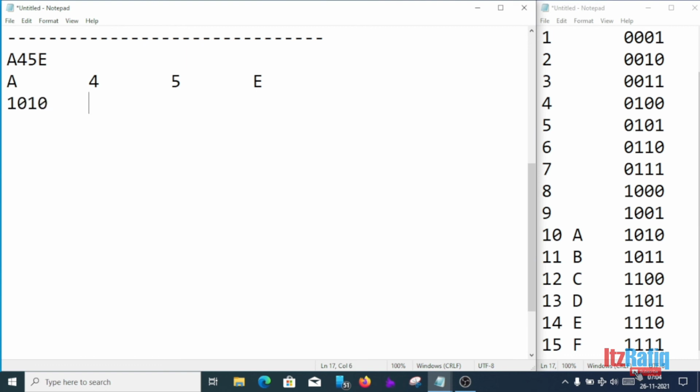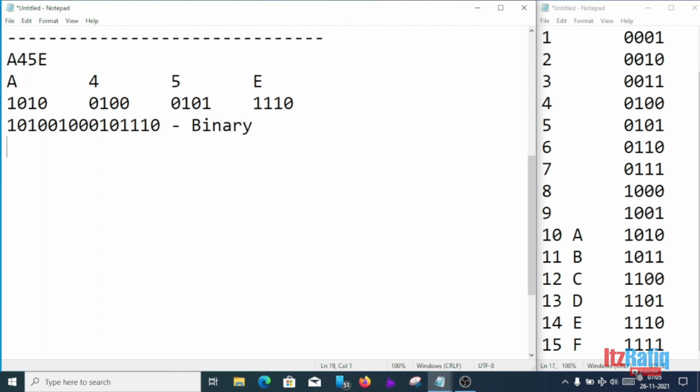Now the value of 4, which is 0100. Value of 5, which is 0101, and the value of E, which is 1110. Now we'll write all the numbers together: 1010 0100 0101 1110. So this is converted into binary.